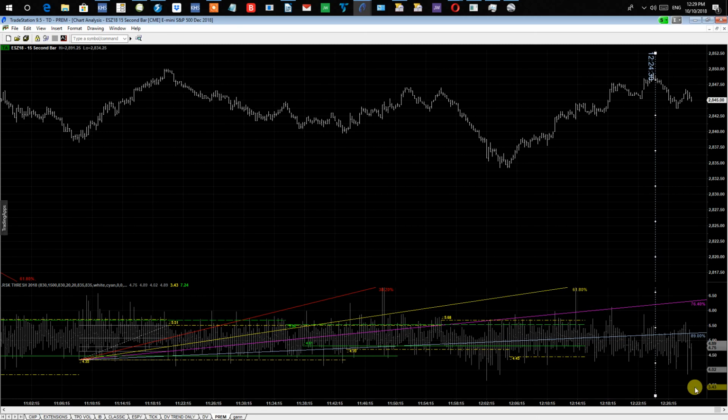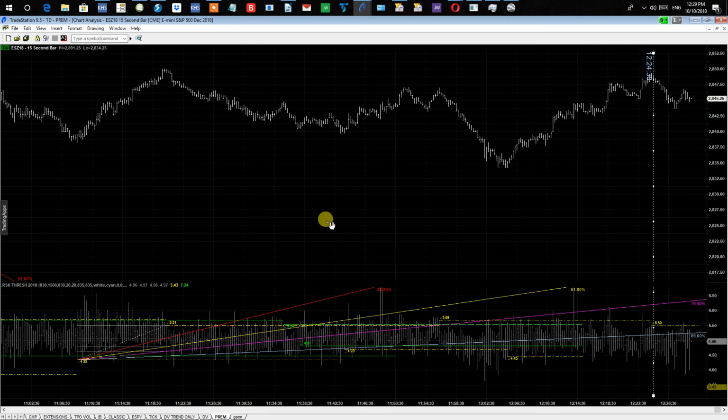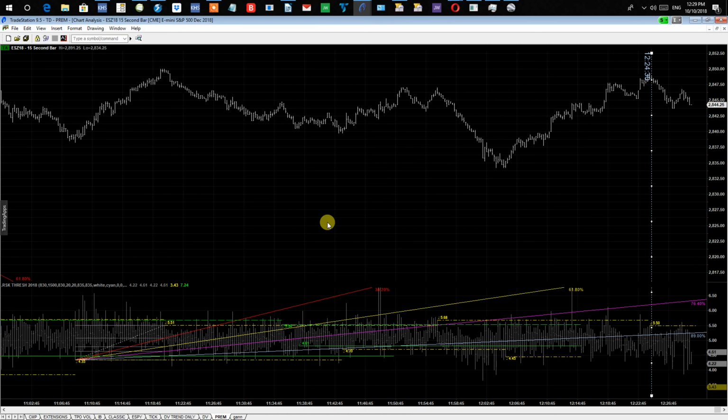So this method of approach can work very, very well. Just remember what it is you're looking for. And typically when using the premium, we're looking for the highs to be divergent at the top of a move, and the lows to be divergent at the low of a move.